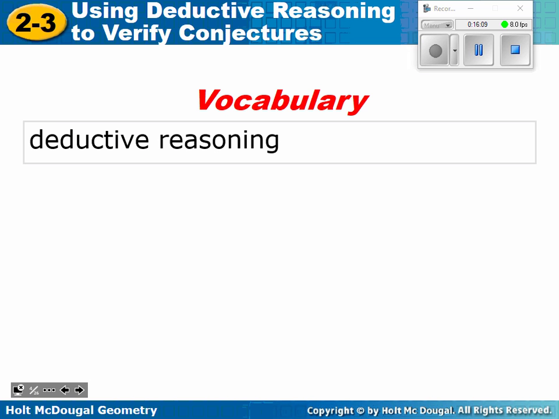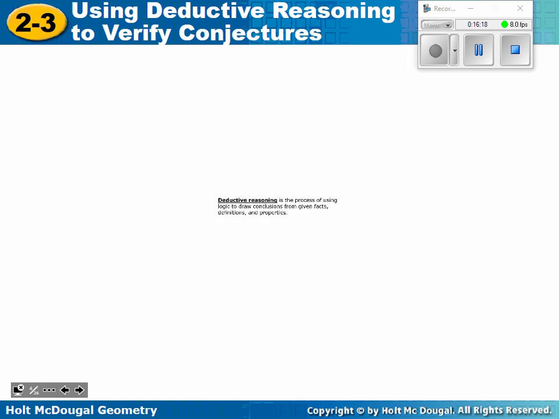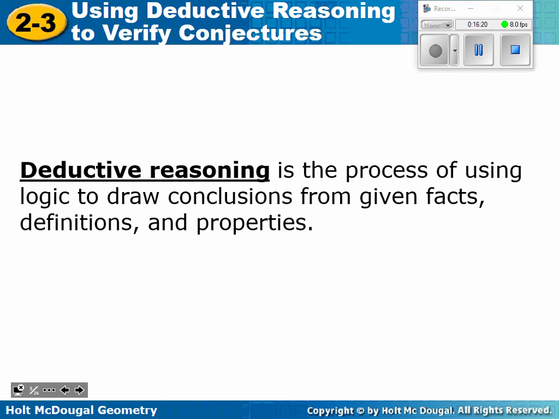This is also where we define the word deductive reasoning, even though I already gave you the definition yesterday. This is where our thought process starts to think deductively a little more. So here is that official definition for deductive reasoning. It is the process of using logic to draw conclusions from facts, definitions, properties. You could add postulates, theorems, anything that is a given rule or fact.